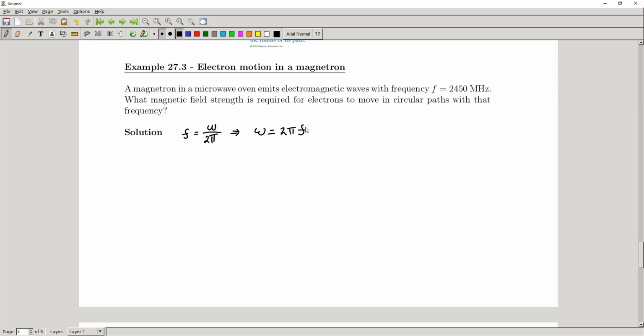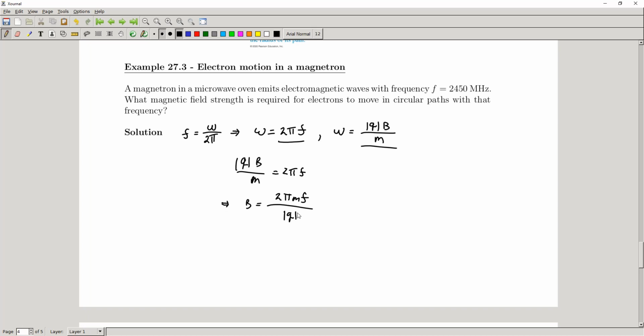And also, from what we discussed above, we know that our angular speed is going to be equal to the magnitude of our charge times the magnitude of our magnetic field over the mass of our particle. Because both of these are equal to ω, we can equate these two sides. We're going to end up with |q|B/m = 2πf. And if we isolate B, we're going to end up with B equal to 2πmf over the magnitude of q. And at this point we have everything that we need.